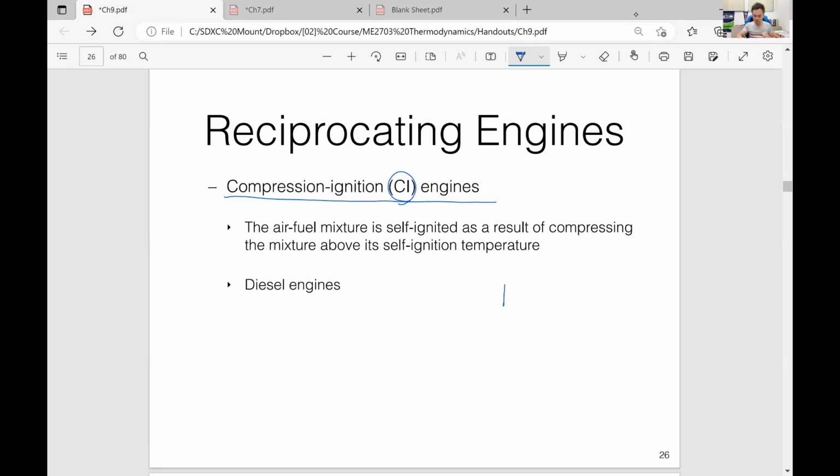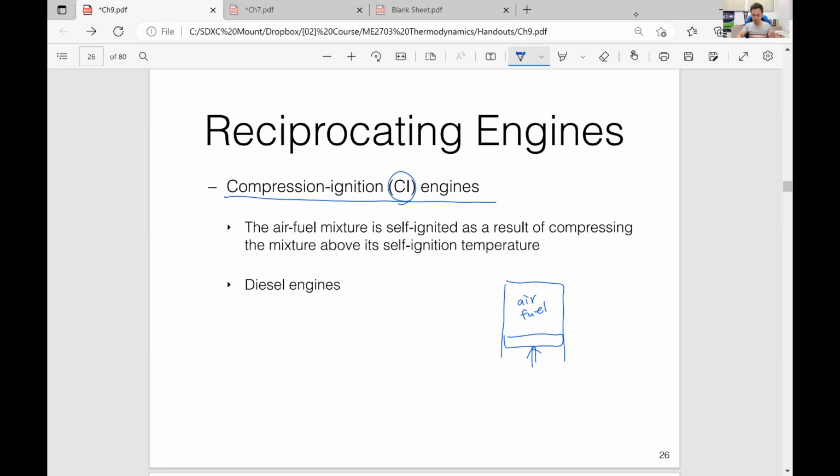Just imagine you have an air-fuel mixture in your cylinder and you compress it. What would happen? The pressure increases, the temperature increases, right?